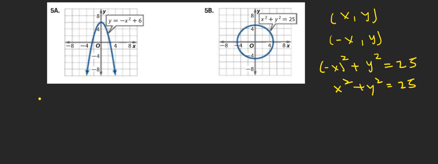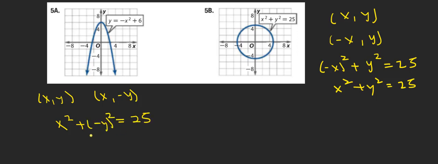What about the x-axis? If (x, y) is on the graph, that means (x, negative y) should also be on the graph. So instead of y, let's plug in negative y and see what happens. We still get x squared plus y squared equals 25.